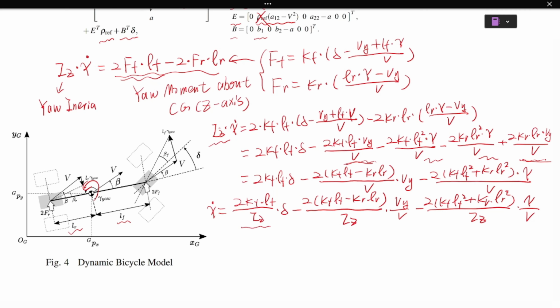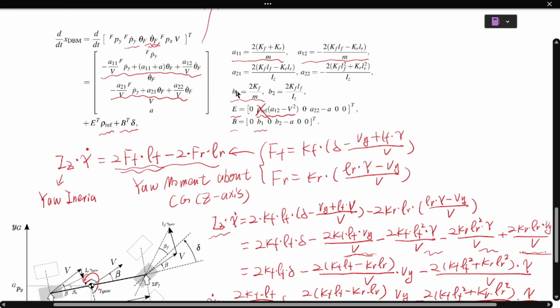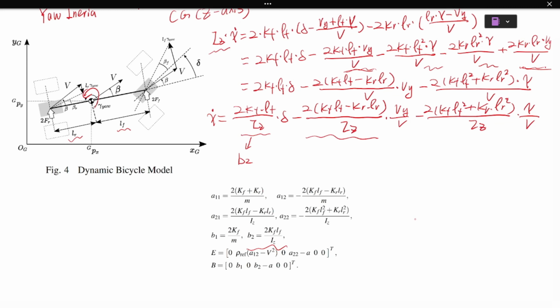So let's compare to the equation in the paper here. This coefficient is B2, and this coefficient is A21, and this coefficient including the negative is A22.